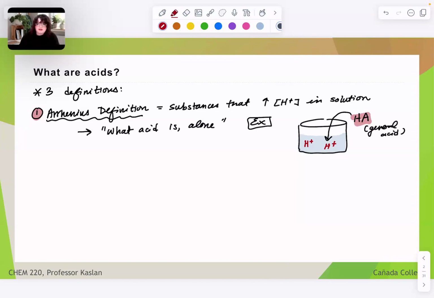So the Arrhenius definition: increase the concentration of acidic protons, H plus, in solution. It's what an acid is just on its own in the beaker.